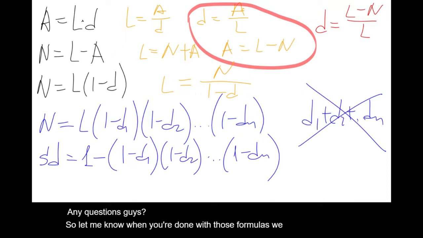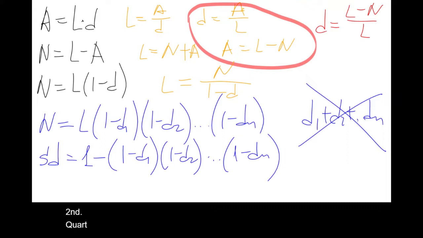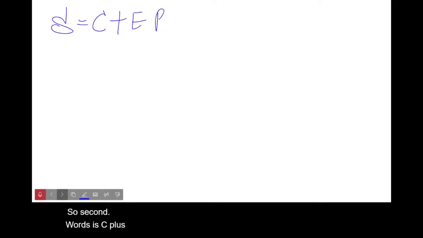We will continue with the second part, where we have pricing, right? Okay, so in the second part, S is C plus E plus profit.